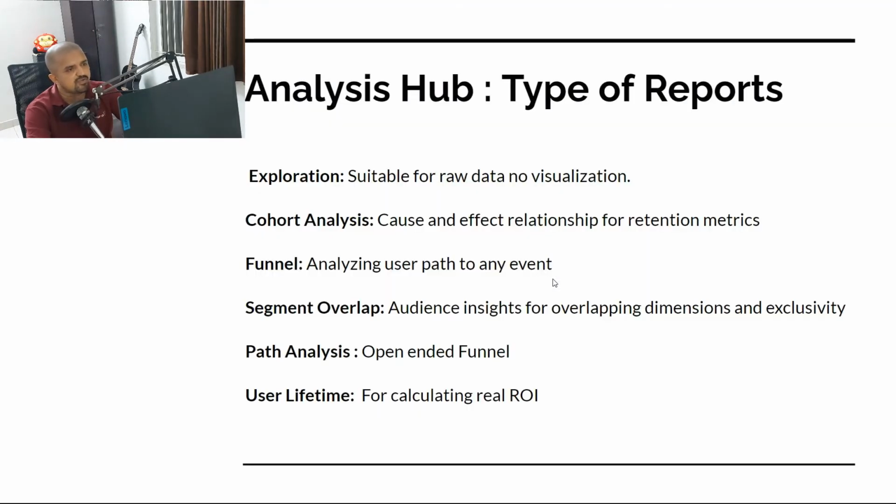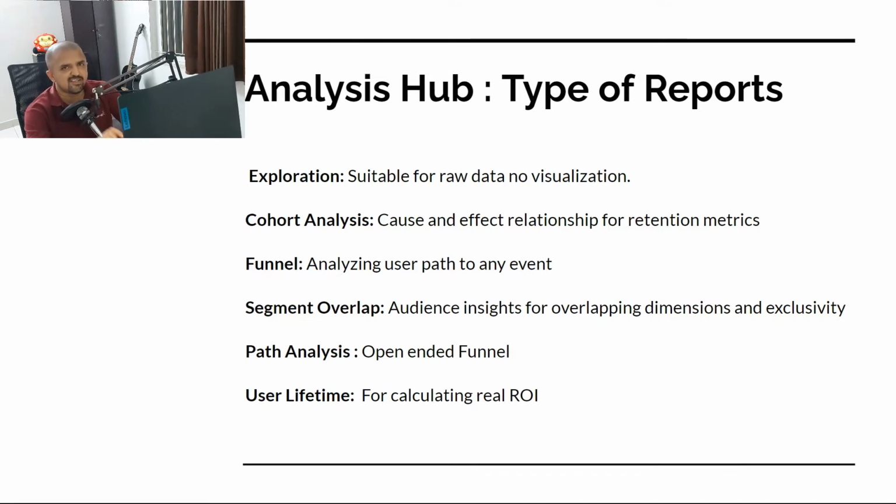The next report we are looking at is cohort analysis. Cohort analysis is best used for understanding the cause and effect relationship for retention metrics. So let's say a specific campaign was run on a specific day.